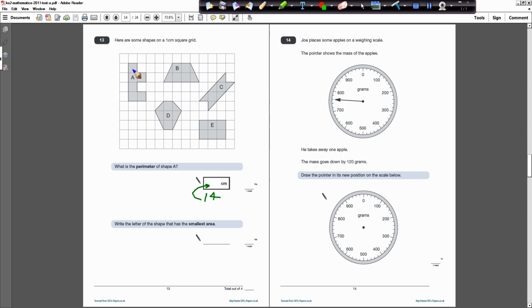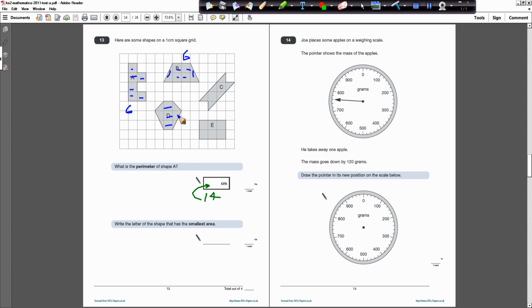So the area here is 1, 2, 3, 4, 5, 6 for this one. That's the area of 6. So we have 1, 2, 3, 4, and these two make 1, and these two make 1. So we got 4, 5, 6. So 1, 2, 3.